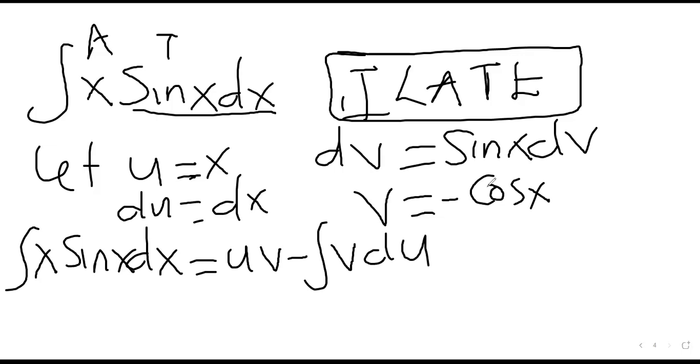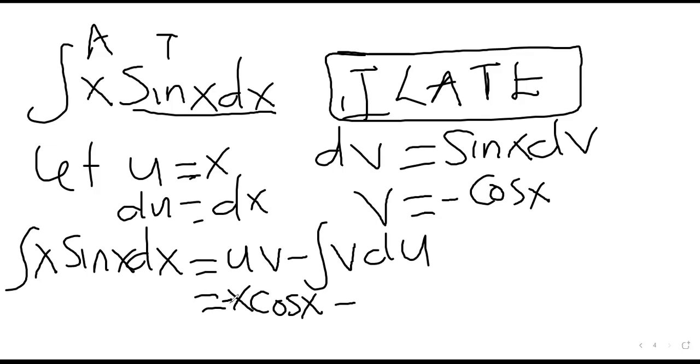What is your u? u is equal to x, so you write x here. You come to v. v is equal to negative cos x. So negative cos x multiplied by x, you are getting minus x cos x here.